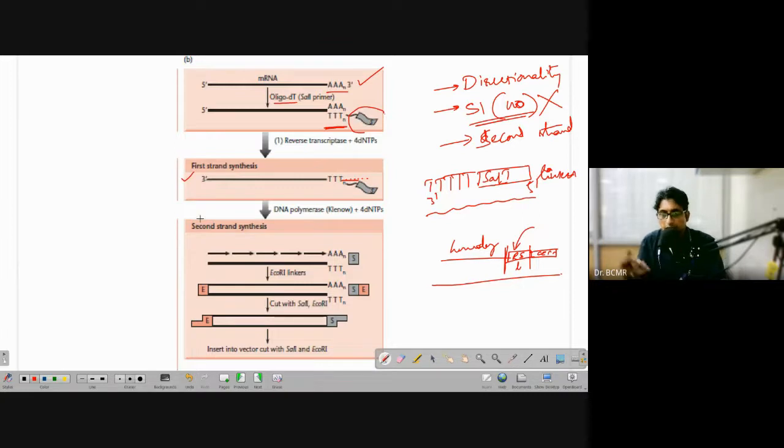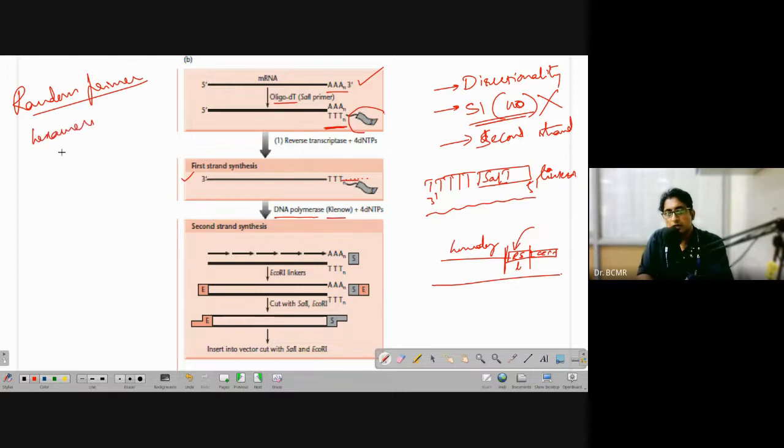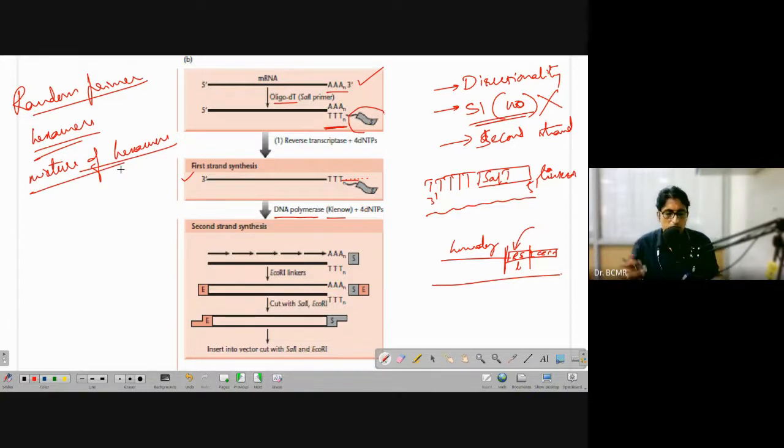We can remove the RNA by alkaline lysis, changing into alkaline conditions, and then we're going to add DNA polymerase and random primers. Random primers are something like this. They could be very small ones, something like hexamers, and it's a mixture of hexamers. For different organisms, people make a mixture of these hexamers. Hexamers can be of several combinations.